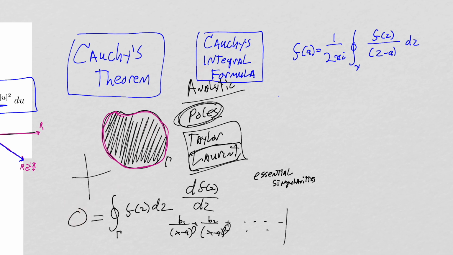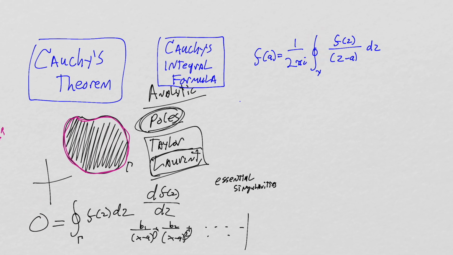Cauchy's integral formula says the integral of a closed circuit around a point, little a, this line integral totally circulating around a point little a, the line integral of f of z over z minus a, that is the value at f of a, which is kind of remarkable if you think about all the different possible contours you could take around this point a.